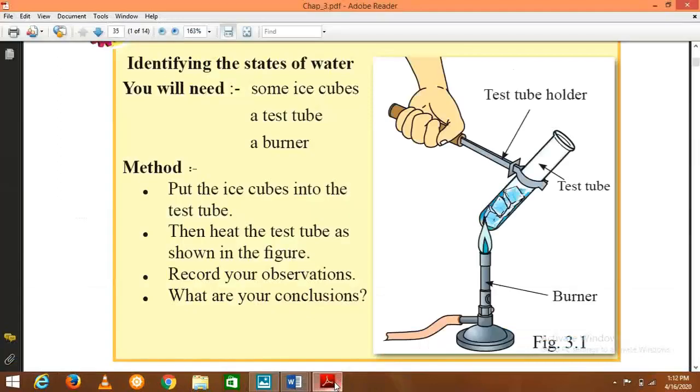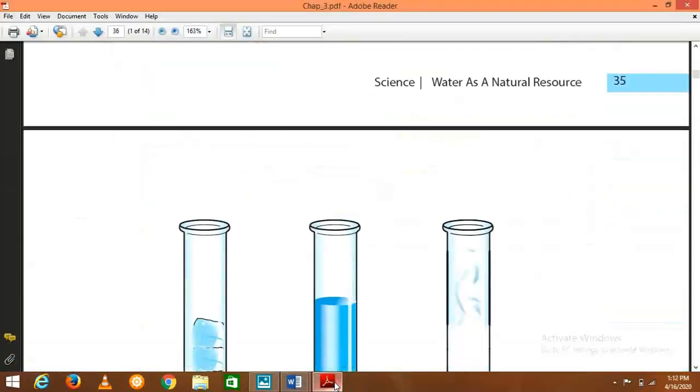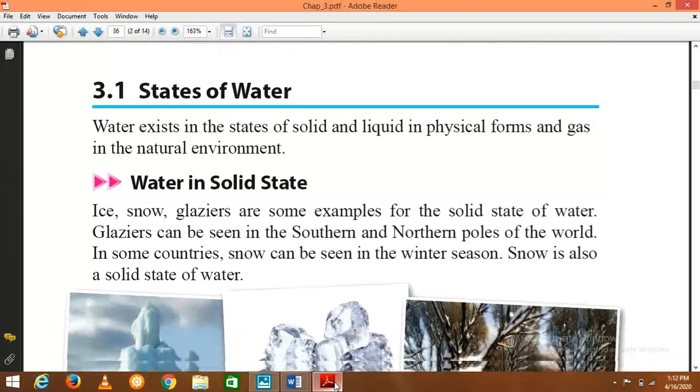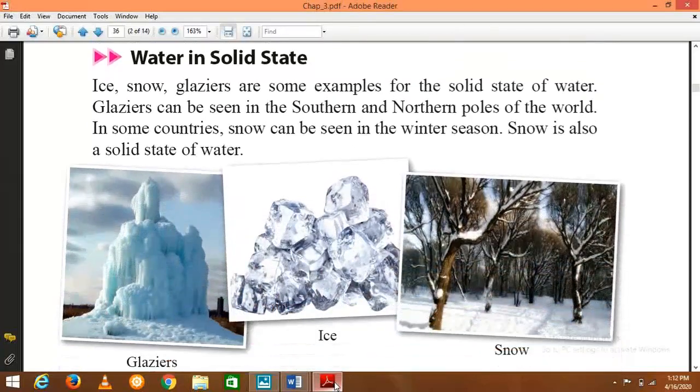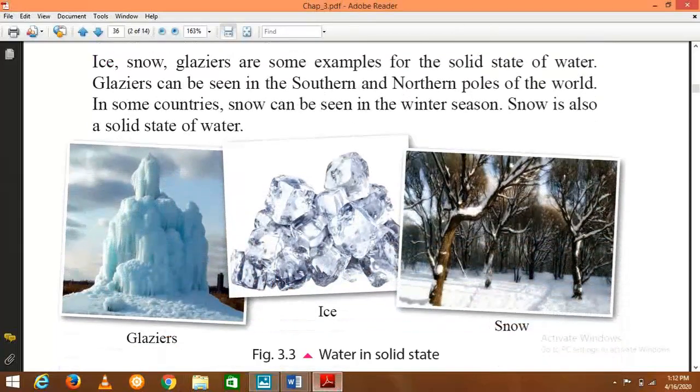You look at the images given. Here you are shown ice, glaciers, snow, as well as there is frost.